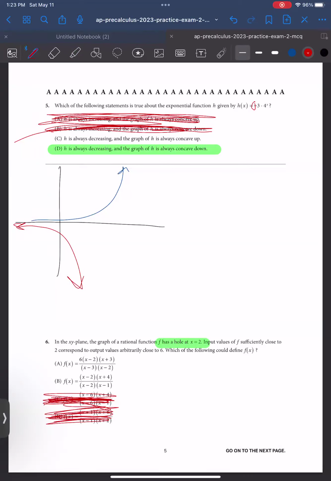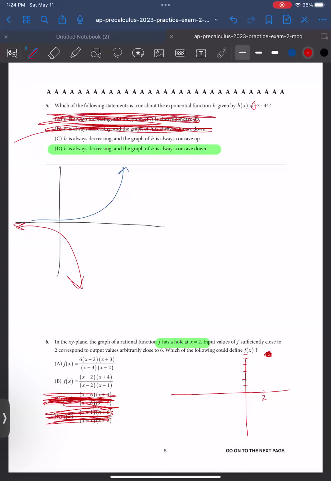It says input values of x sufficiently close to 2 correspond to output values arbitrarily close to 6. So what that's saying is as you get close to this hole at 2, you are getting close to the point (2, 6).